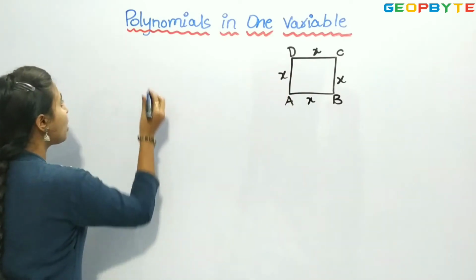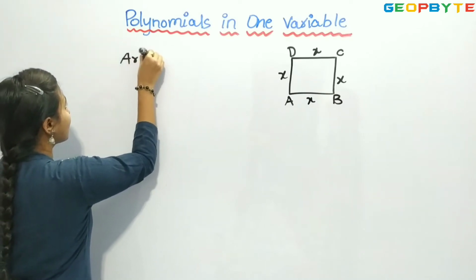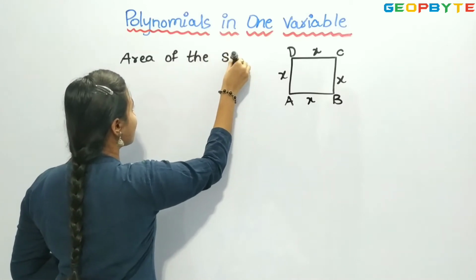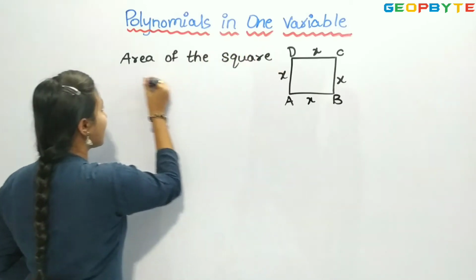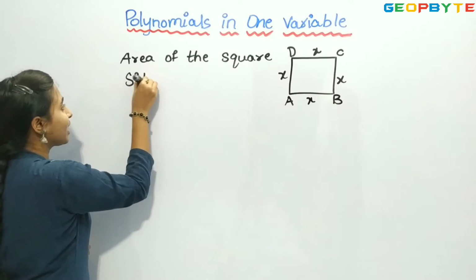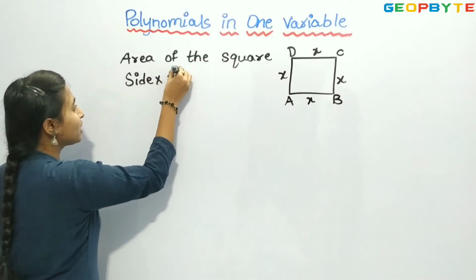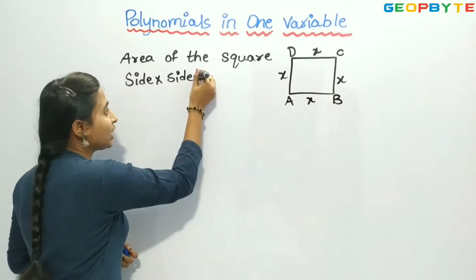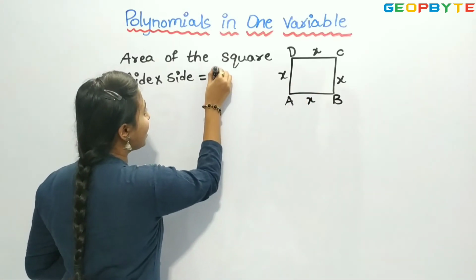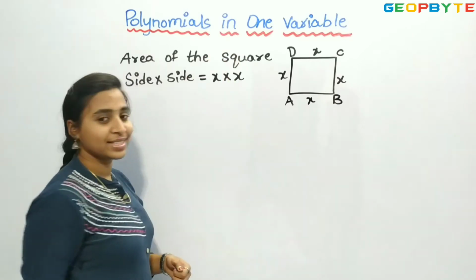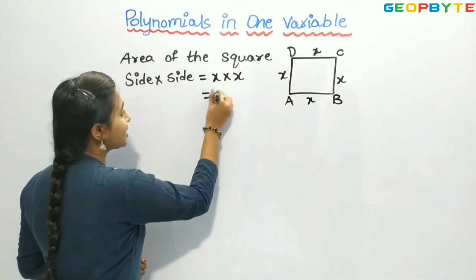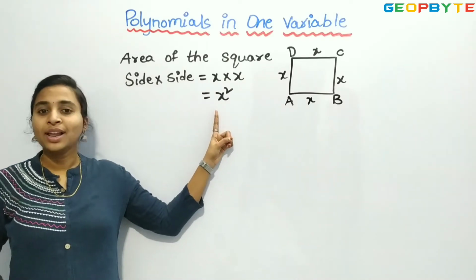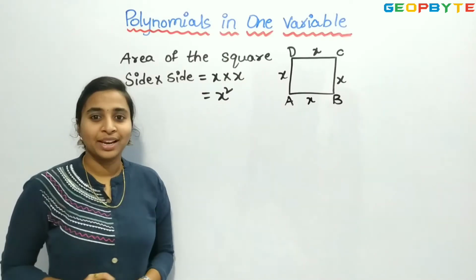Now what is the area of the square? Area of the square is nothing but side into side, that is x into x. Now x into x is nothing but x², and this is a polynomial having only one variable.